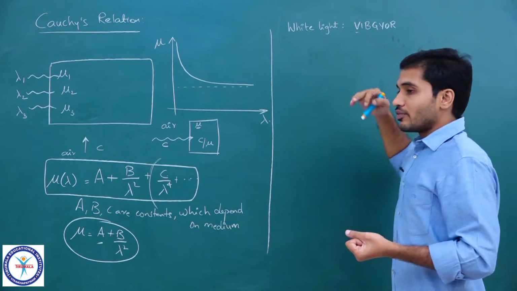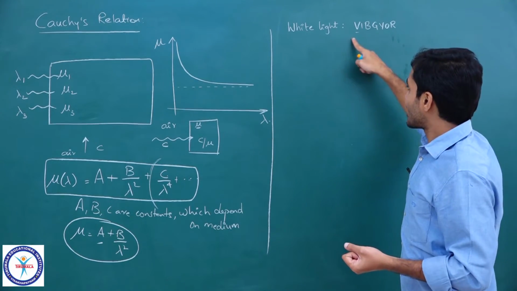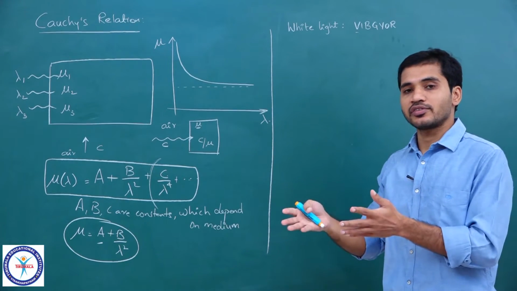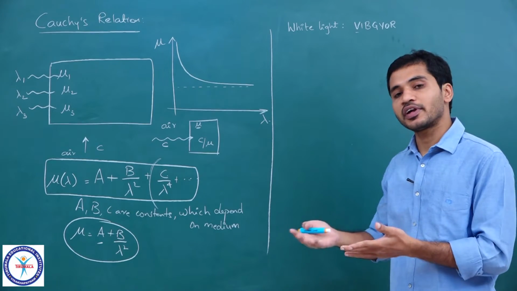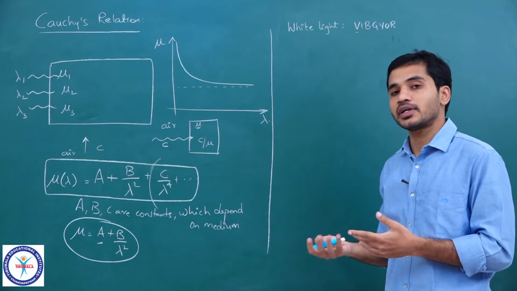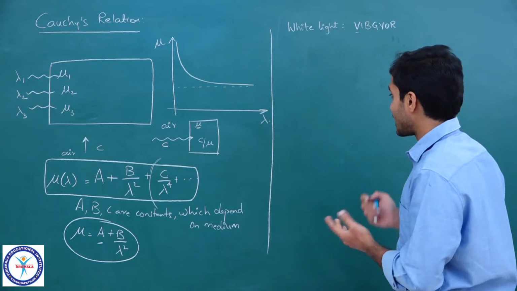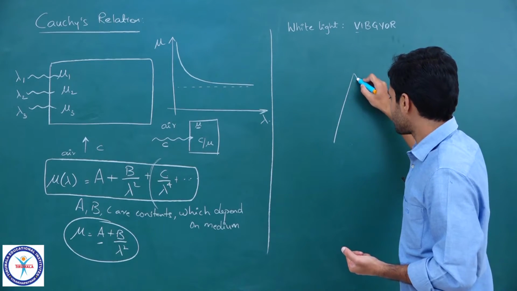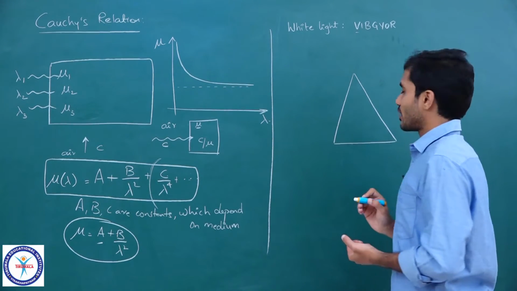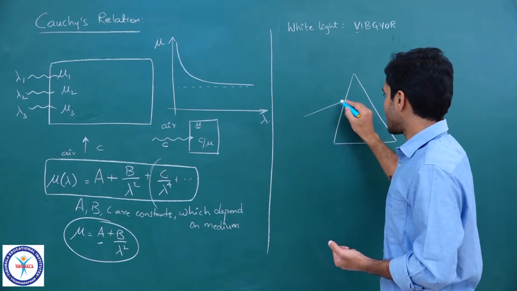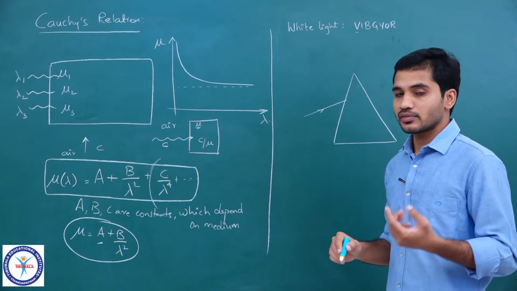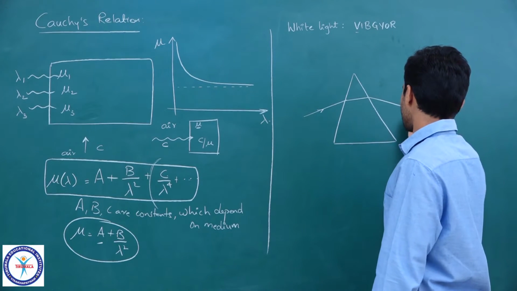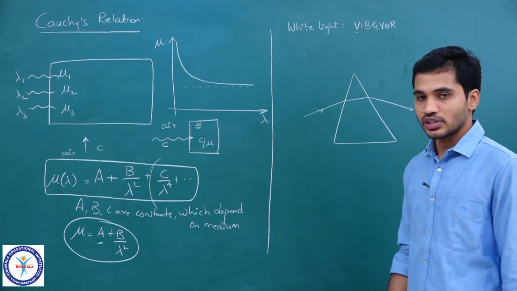So, when white light is incident on a particular medium, the individual waves in that white light travel with different velocities, clear, they experience different refractive indices, and that is the reason why, we discussed this earlier, when I consider a prism and light is incident on this prism, if it is monochromatic light, which means a single wavelength, then there is no problem, the light ray bends and it comes out, it just experiences a deviation.